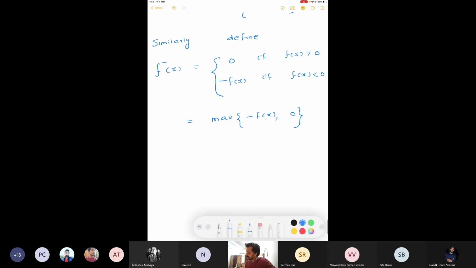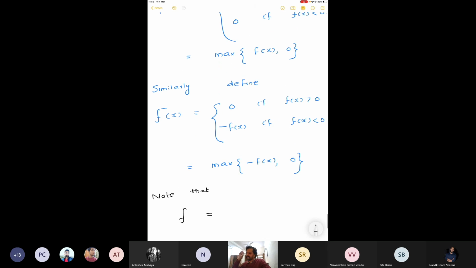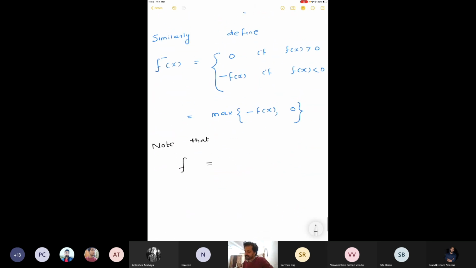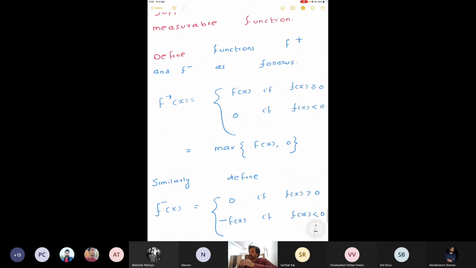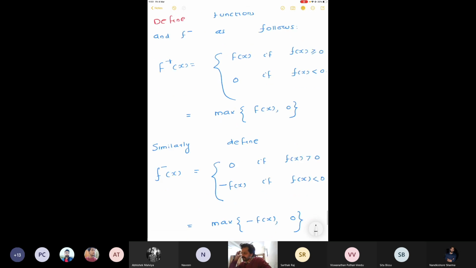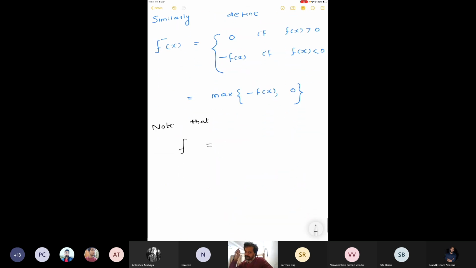One thing that you can observe is the following. This is the important fact. Note that you can write f in terms of f plus and f minus. How to decompose f in terms of f plus and f minus? f is equal to f plus minus f minus.